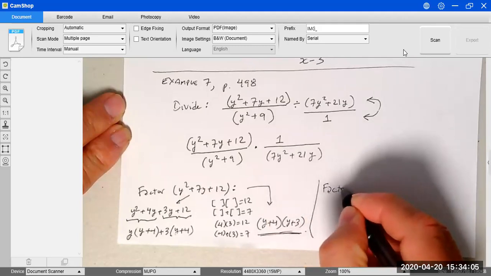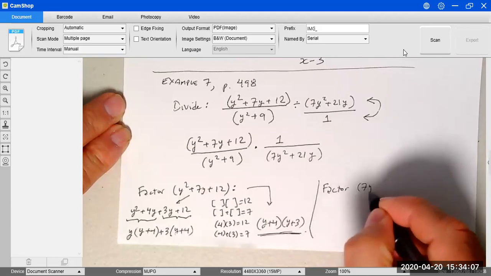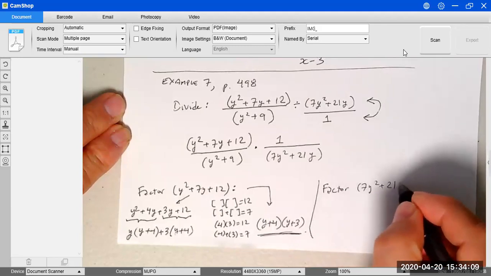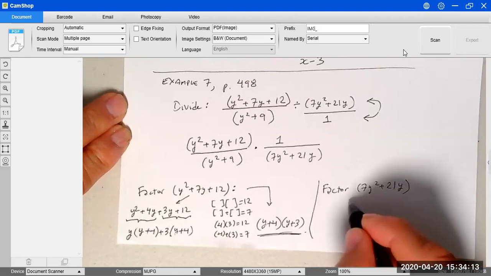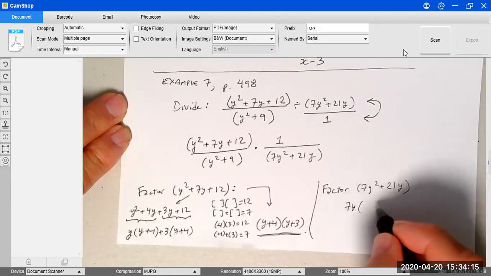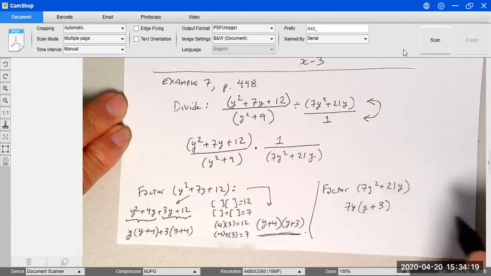So that's one. The other one that can be factored is this denominator. So we're going to factor 7y squared plus 21y. So you're going to get the greatest common factor is just 7y that multiplies y plus 3. Okay?